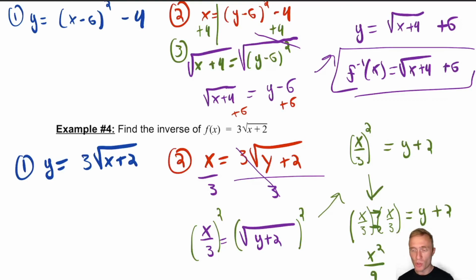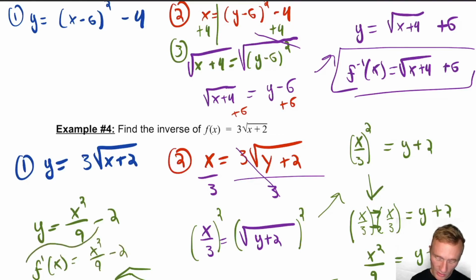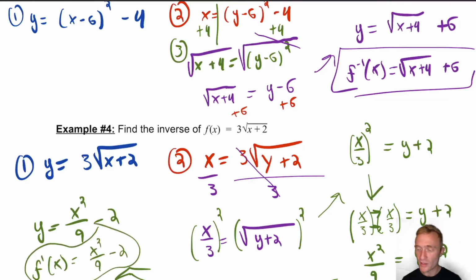Multiply fractions, you just multiply straight across the top, straight across the bottom. We're going to have x squared over 9 equals y plus 2, which means that our final answer here, when we subtract 2 from both sides, we'll have y equals x squared over 9 minus 2. The inverse is equal to x squared over 9 minus 2. Final answer there.